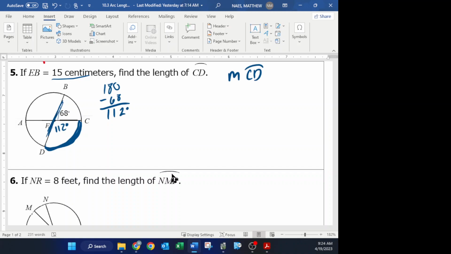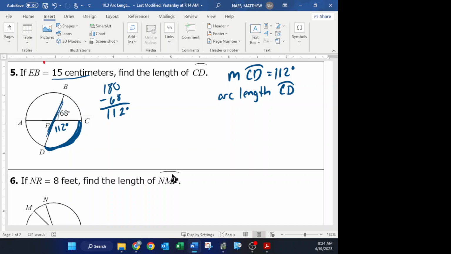The measure of CD is 112 degrees, but arc length of CD should be written like that, and that's how you're going to see that. So just make sure, if you see measure CD, they're looking for the actual degree measure. Arc length, you should see find arc length.